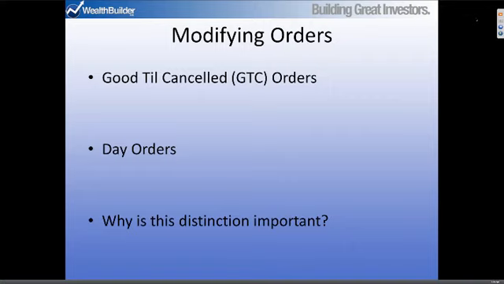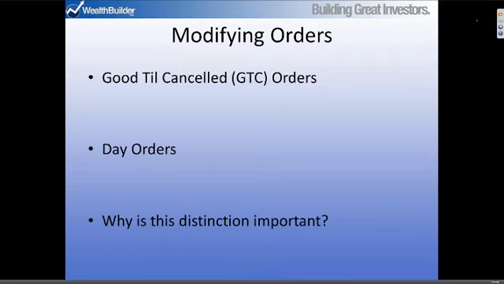So why is this distinction important? Well, let's say you put a buy stop order in as a day order for copper. And for the day that it was in, copper stayed below your entry price. At the end of the day, your copper buy stop order would be canceled by the brokerage platform. So you wouldn't have a buy stop order in.